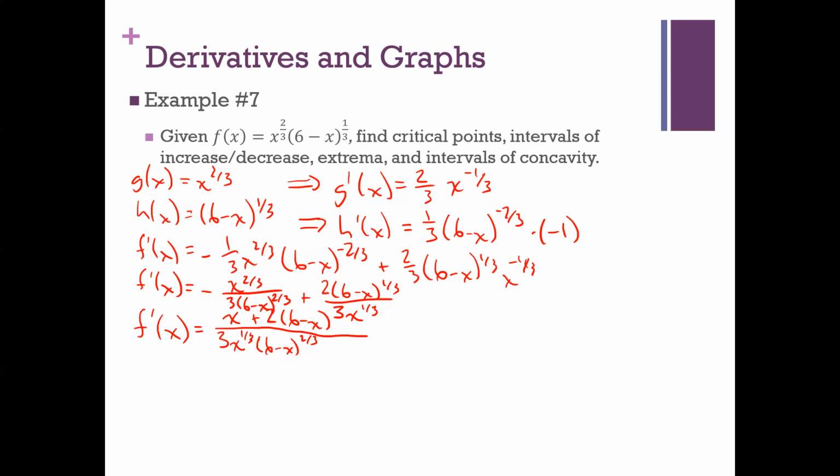How do you feel now about finding the critical points? How many critical points do you think we have? So at least one. Why is x equals 0 a critical point? The derivative doesn't exist at x equals 0.